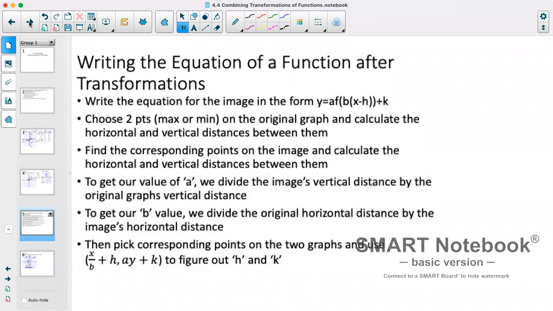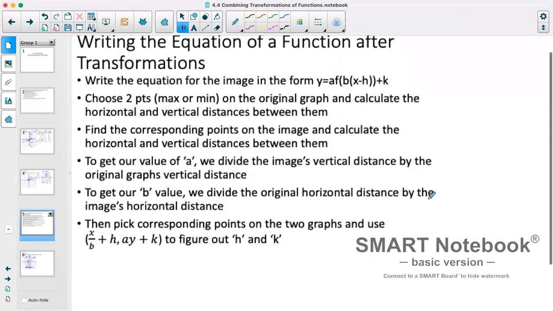And then what we're going to want to do is get our horizontal and vertical distances between those. To get our value of A, we divide the image's vertical distance by our original graph's vertical distance. To get our B value, we divide our original horizontal distance by the image's horizontal distance. And then we pick corresponding points on the two graphs and use our x over b plus h, comma ay plus k to help us figure out h and k.